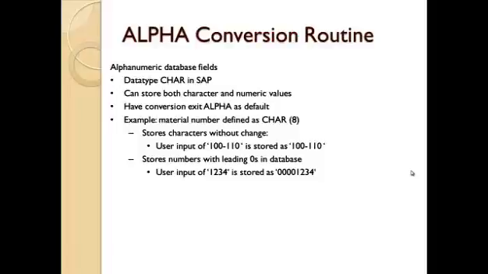Okay, you just display, for instance, in our example, material number 1, 2, 3, 4 in a text box if it is required. Okay. So alpha routine is very useful if we are dealing with numbers.